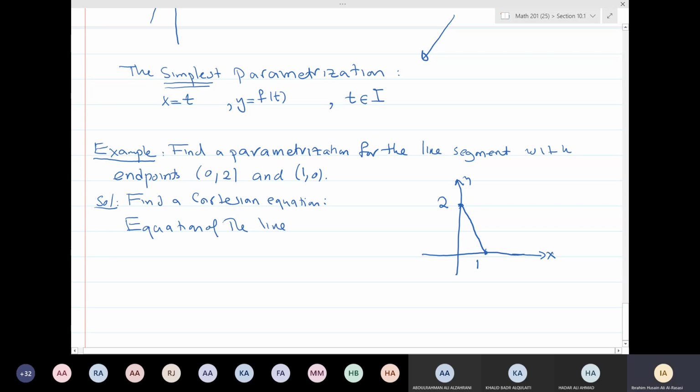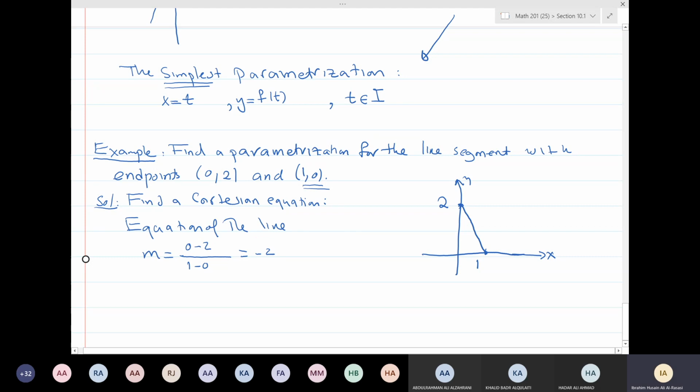This is how it is. It means I need to find the slope. Change in y over change in x. It is 0 minus 2 over 1 minus 0, which is minus 2. So this is the slope. And you have 2 points. You can choose either one. Maybe the simplest is, I will choose the second one here, (1, 0).